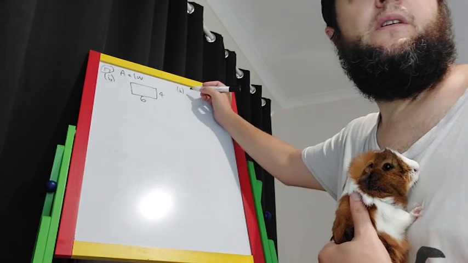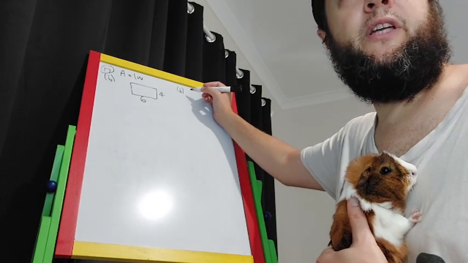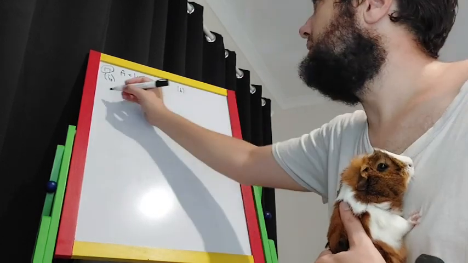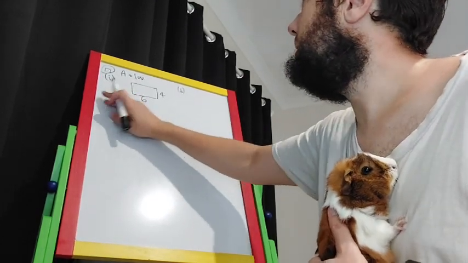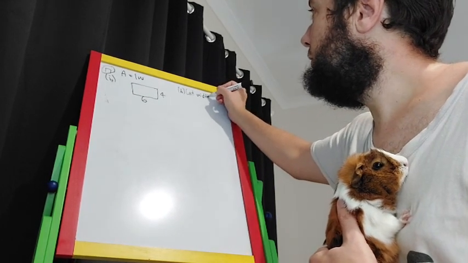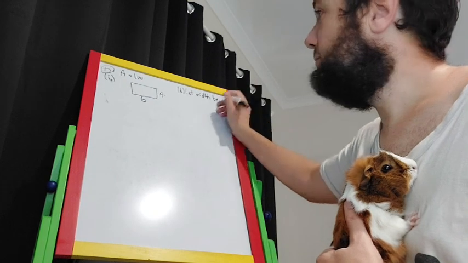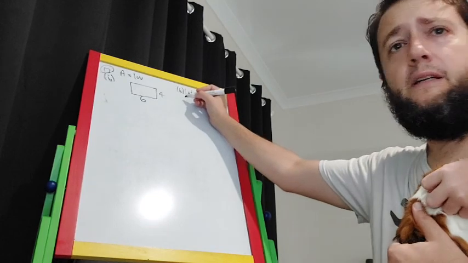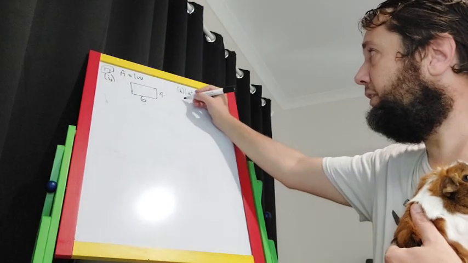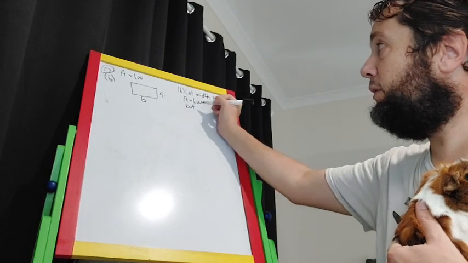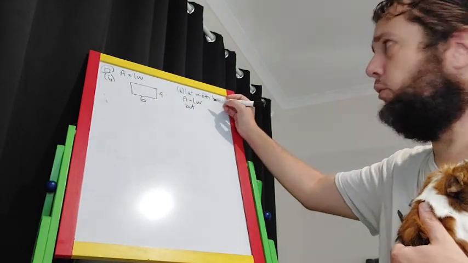B, now what we're going to do, and there's a couple of ways of doing this, but I'm going to say let the width be W. All right? So if we want a general rule for the area, remember area is length times width, but what we've got here is the length is always 2 more than the width.